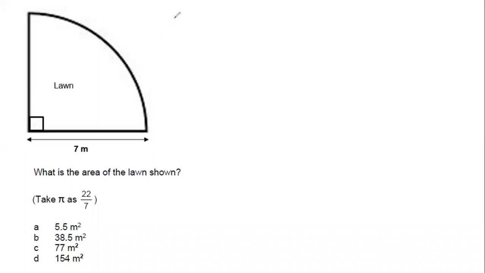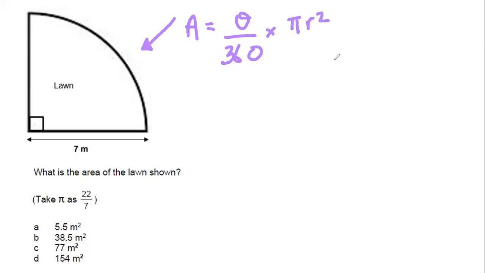This is actually a minor sector. The area of a minor sector, I don't know if you remember this formula, is theta over 360 times pi r squared. Now theta is equal to 90, so 90 over 360 times pi.